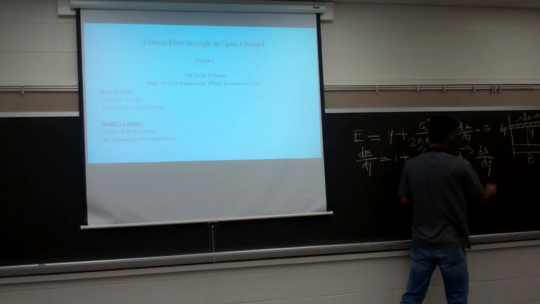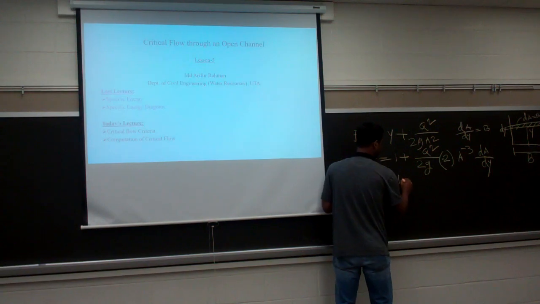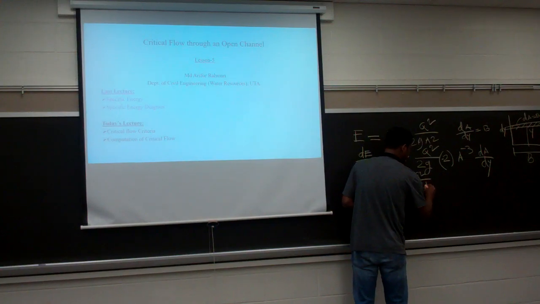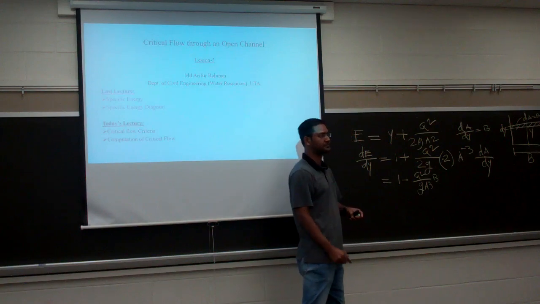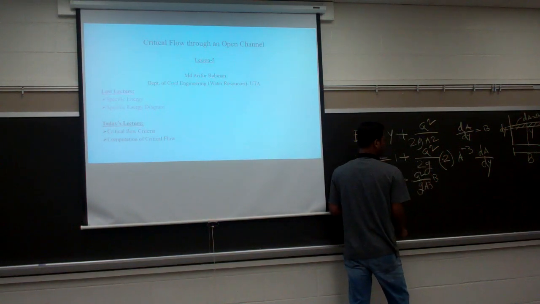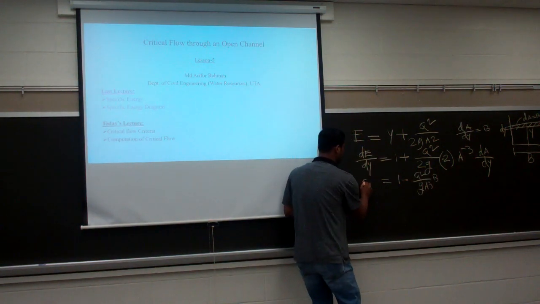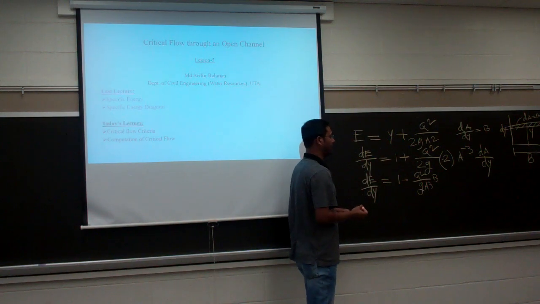It will be B. So from this equation, if I simplify this, it will be Q squared divided by g A cubed, and it will be B. I'm just replacing this value here with B and simplifying this one. It is this. Still, on the left side we have this dE/dy, right?